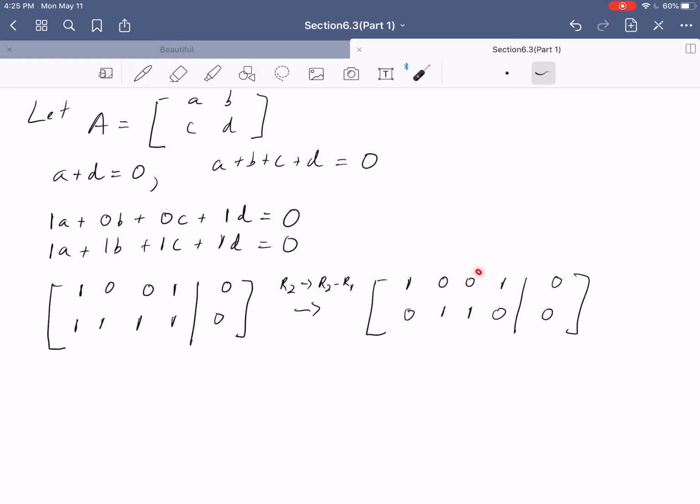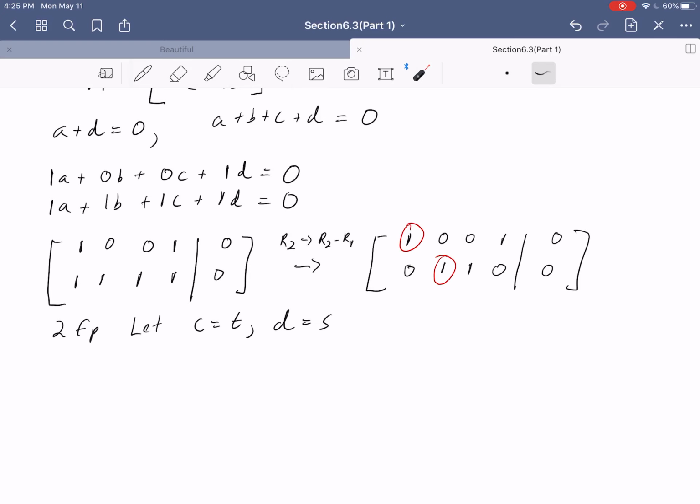Okay. Now, you guys know how to solve this. This has got rank 2, and it's got 4 variables, so we're going to need 2 free parameters. Let's avoid parameterizing those lead ones. So let's let C equal T and D equal S, because our variables here were A, B, C, D, not X1, X2, X3, X4, but it would be fine to say that too.